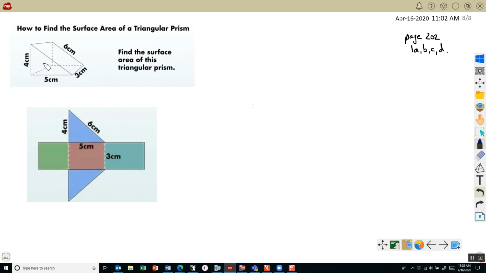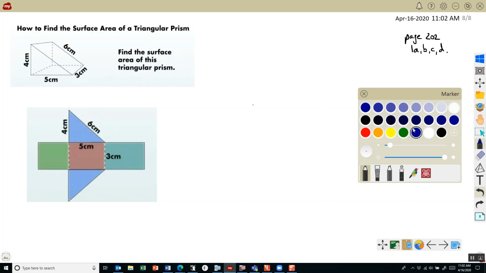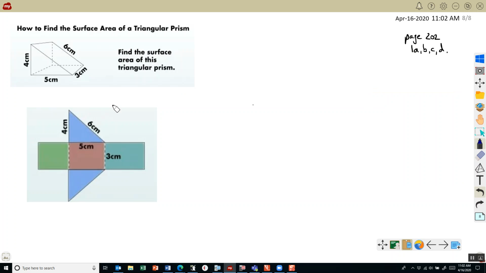So I'm going to do this step by step, which is the way that I would expect you to do it as well. Okay, so we've got this shape here, and I'm going to call this the front side, and I need to work out the area of the front.